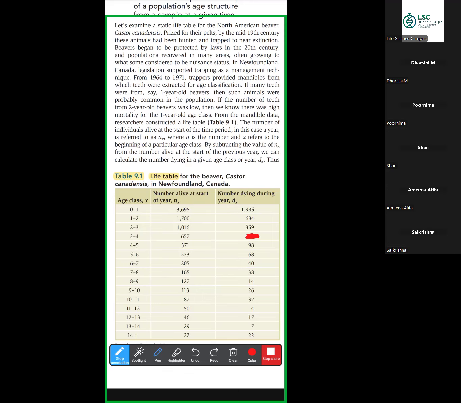Yes, they will give. We will do that type of questions. Now just understand the equation for finding out the number of dying individuals. You can apply dx is equal to nx minus nx plus 1. So now I am asking the number of dying individuals during the fourth age class. So you just subtract.